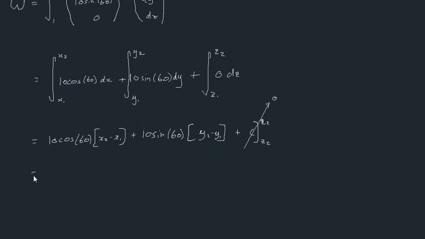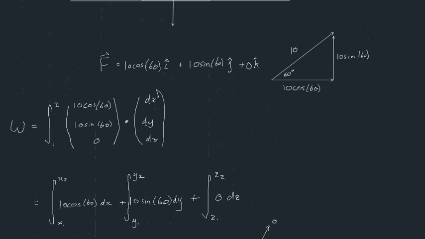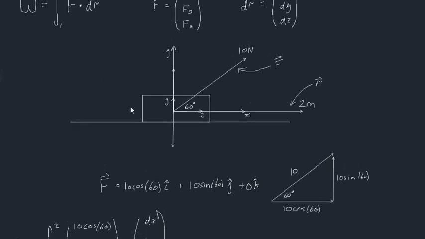Alright, so now that we've got this a little bit more simplified, let's see if we can finally solve the question. To do this, we need to figure out what x2, x1, y2 and y1 are. Let's look back up at our problem. Because I chose our axis to be right here, our x1 value is our initial starting position in x. x1 is going to be 0, and y1 is going to be 0, purely out of definition, because I chose my axis to be there.